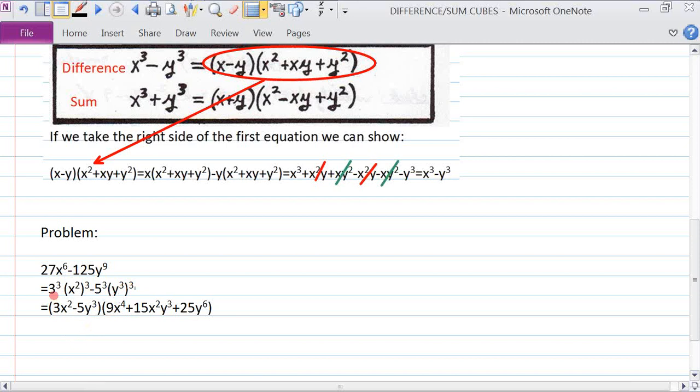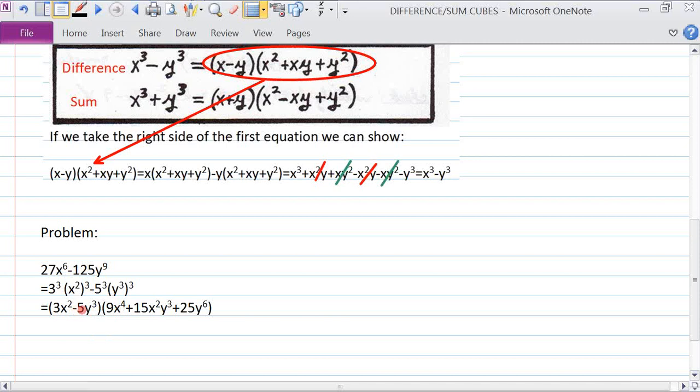So now I put the 3 here, put the x squared here, minus 5 times this term here, y cubed. We're essentially doing something analogous to what has been done up here. Now, when I square this first term, I get 9x to the 4th.